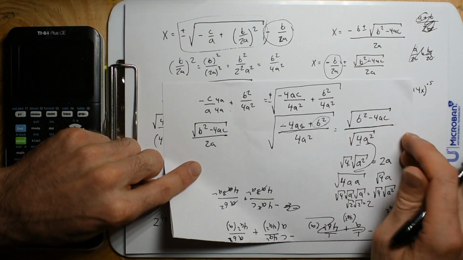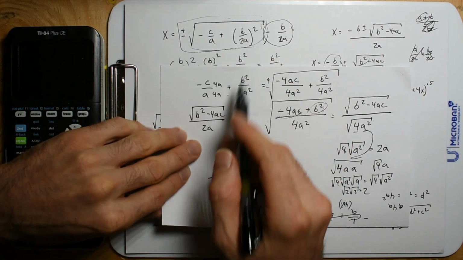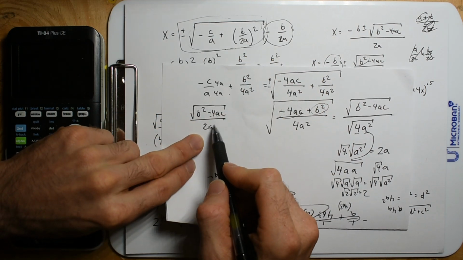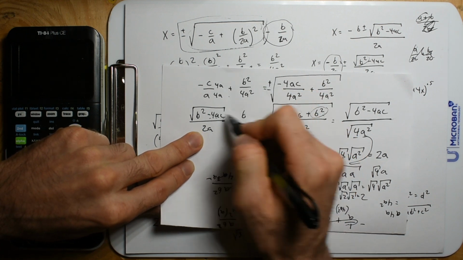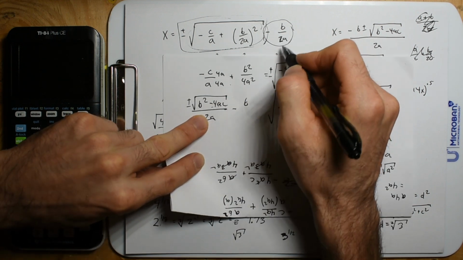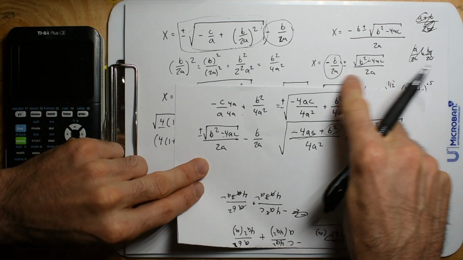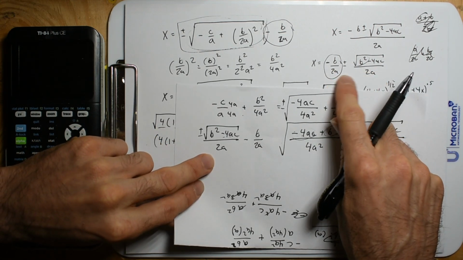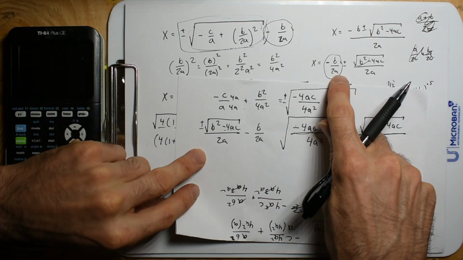And so that's basically what we have right now. We have taken this term and said it's the square root of b squared minus 4ac divided by 2a. But we still have this term over here, minus b divided by 2a. Cool, so it looks like this.